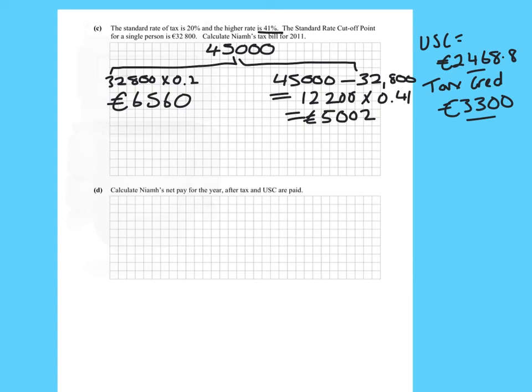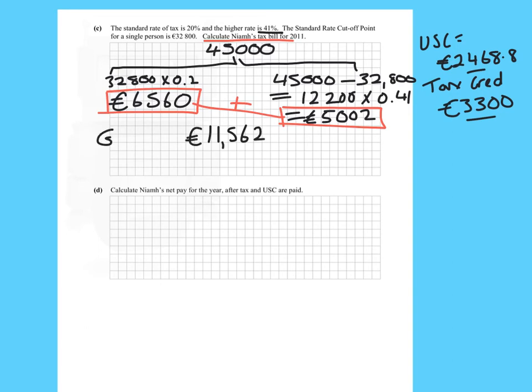And again, from our practice of these questions, I am going to take those two figures and add them. Now, they've asked for Niamh's tax bill for 2011. So first of all, adding these two figures, we get the gross tax, which will be 11,562. So that's the gross.